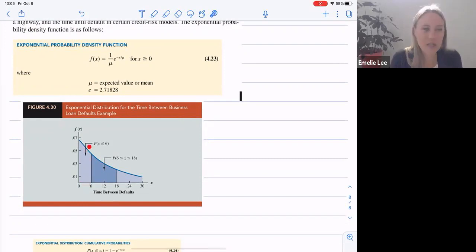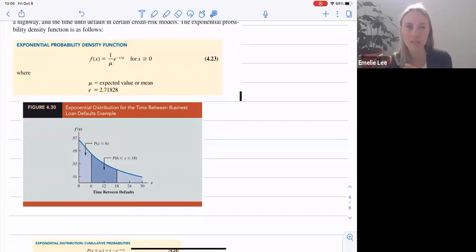Between 0 and 6, with the curve being the highest here, it means that the probability is the highest of that happening. Remember, the probability is the area under the curve. Then the curve gets lower as we move out in time, right? So as we increase the amount of time, the probability of those defaults happening decreases.